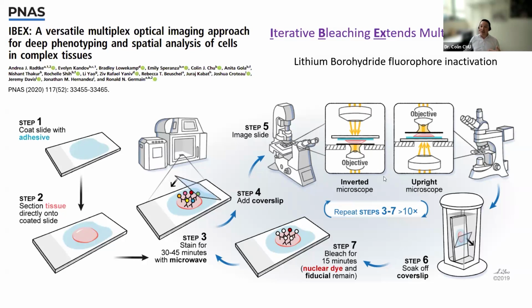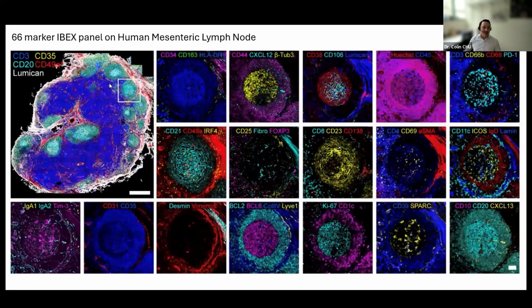And then at the end, we can use the registration software that was open source again, based on SimpleITK, that's provided in the initial publications to then just register the images together, essentially to give you a beautiful picture such as this, which is an amazing image from Andrea of a 66 marker antibody IBEX panel on a human mesenteric lymph node.